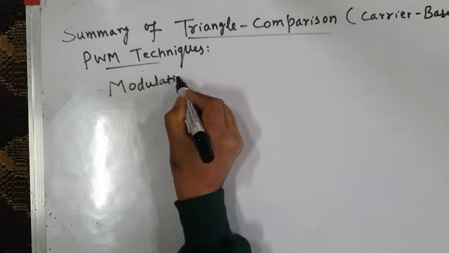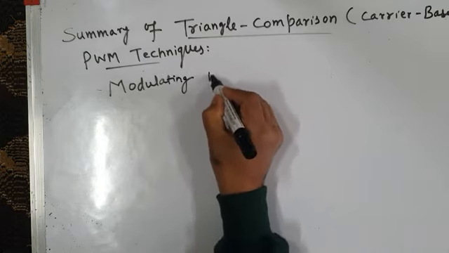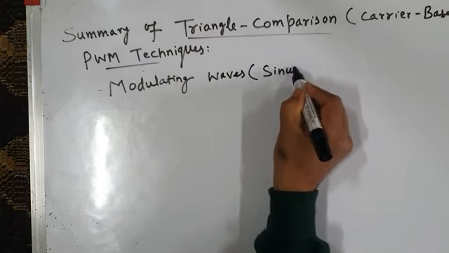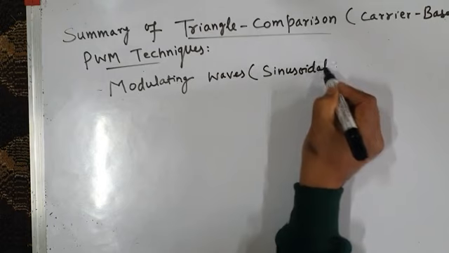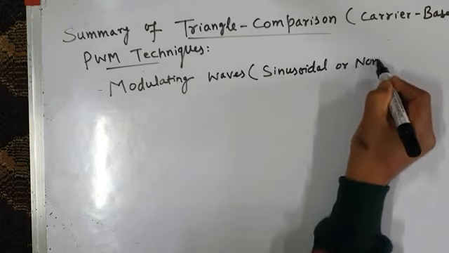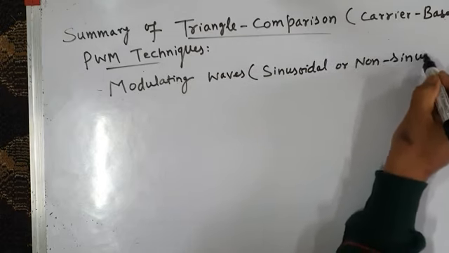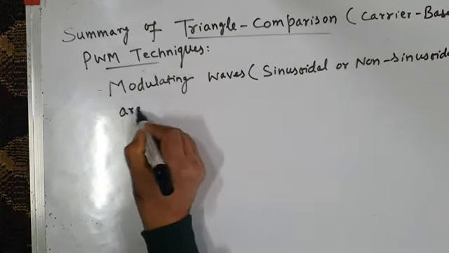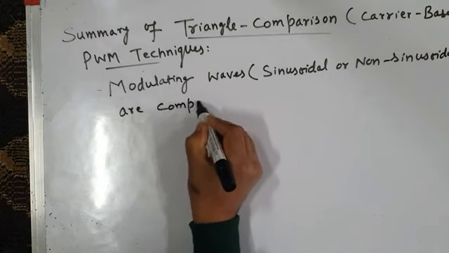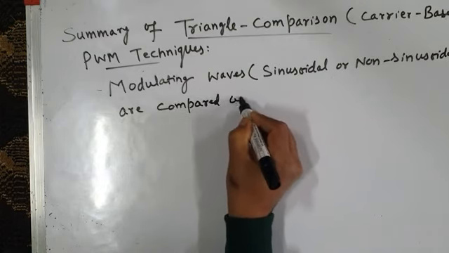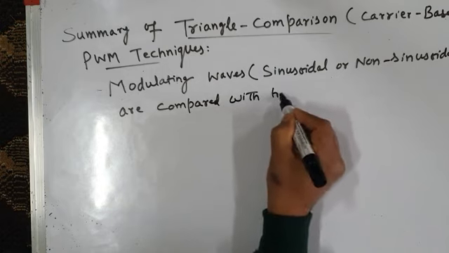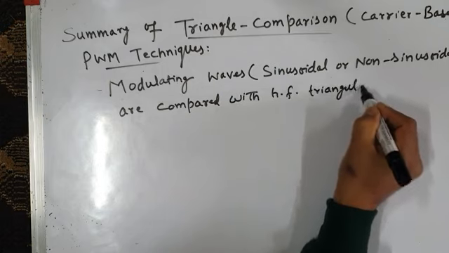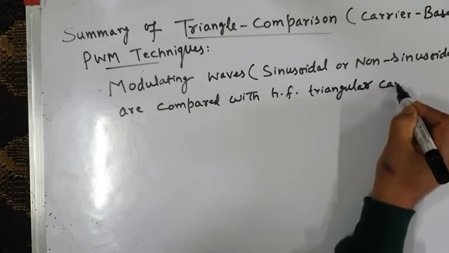What we do here, modulating waves. Now when I say modulating waves, they may be sinusoidal or non-sinusoidal. So modulating waves are compared with high frequency triangular carrier wave, which is a common triangular carrier wave.